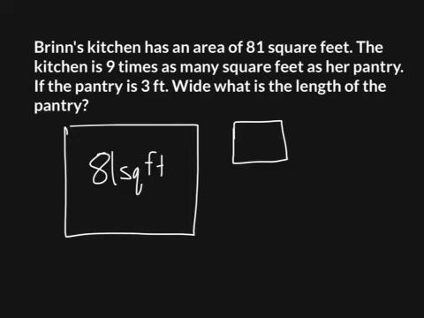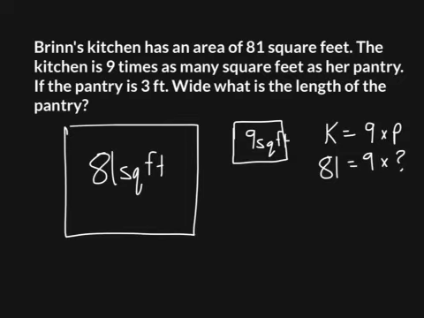So if the kitchen area is equal to 9 times the pantry area, and my kitchen is 81 square feet, that would be equal to 9 times what number? The answer is 9. So now I know that my pantry is 9 square feet.